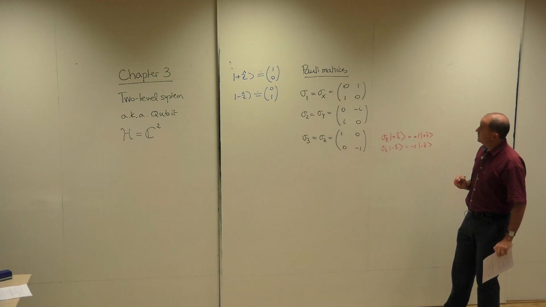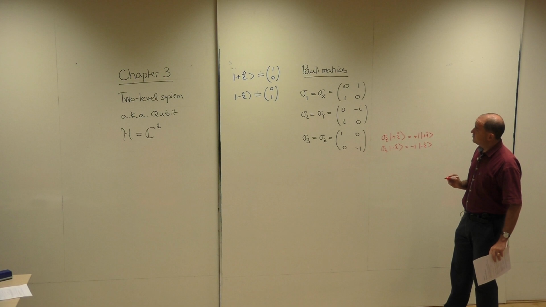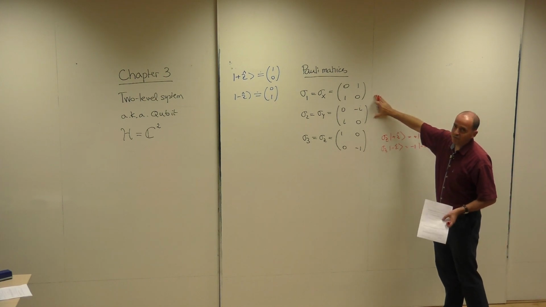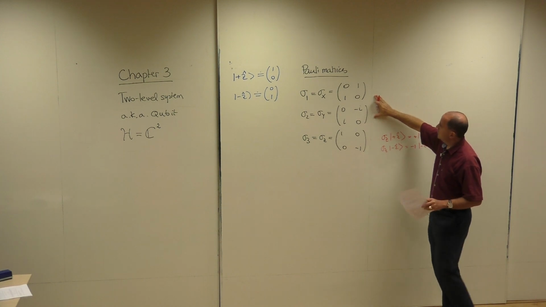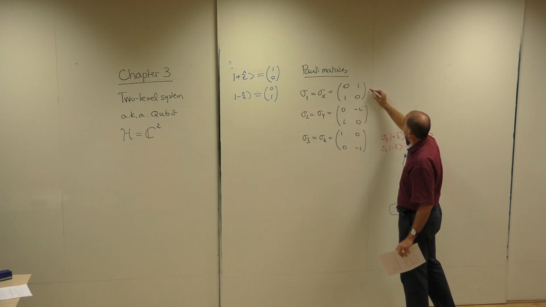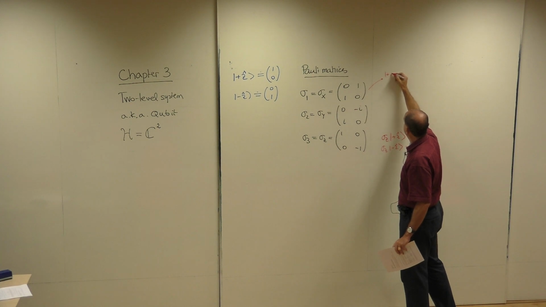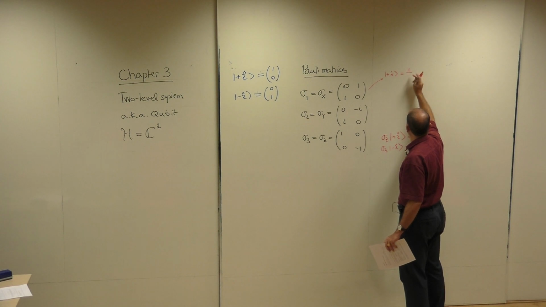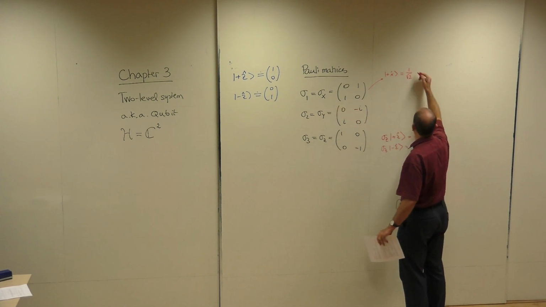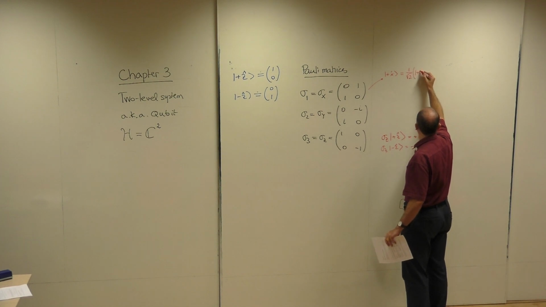Now, as it turns out, these other matrices have the same eigenvalues and different eigenvectors. If we look at these, it's a not too difficult exercise to prove that the eigenvectors of this one are plus x, written in that basis, it looks like this.